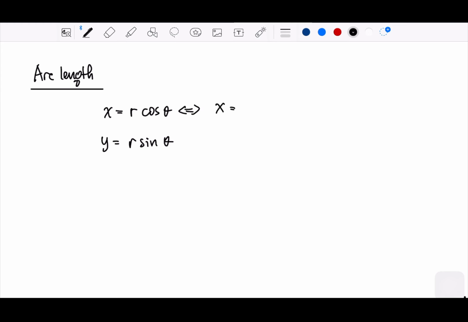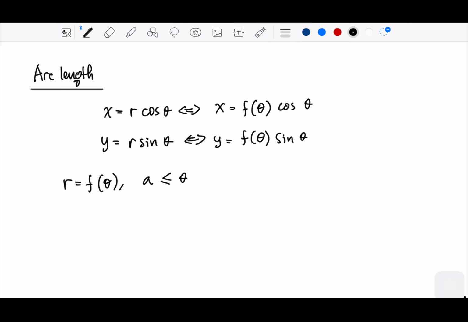So x can be rewritten as a function of theta, r cosine theta, and y also, you can exchange the r into the functions. To find the length, let's start with r as a function of theta, where theta goes from A to B.